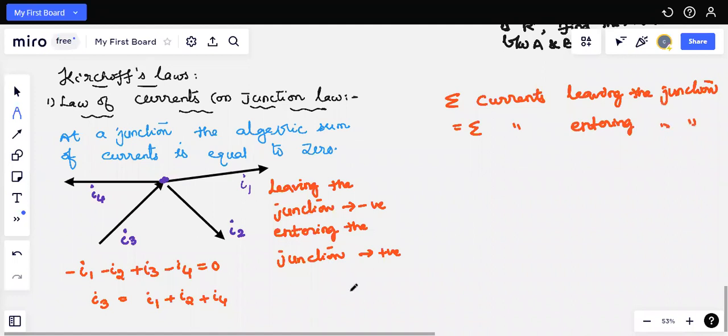Leaving the junction, these three, so the algebraic sum equals the sum entering the junction.